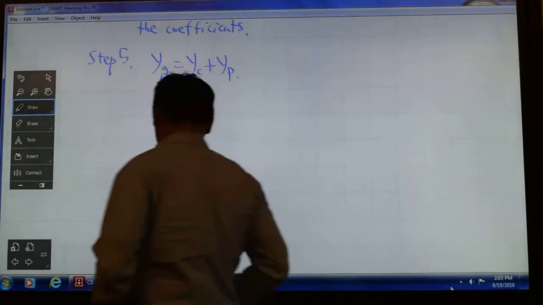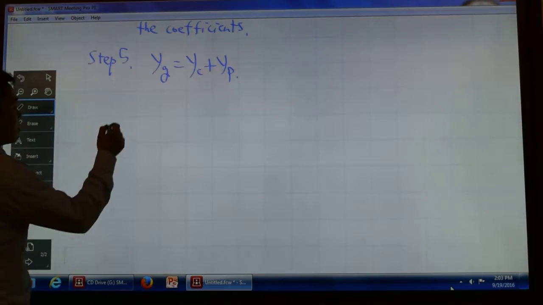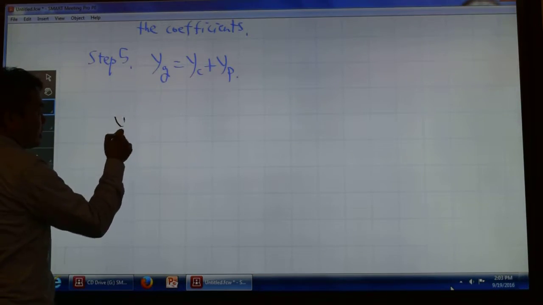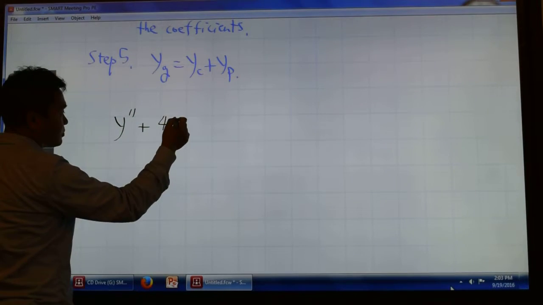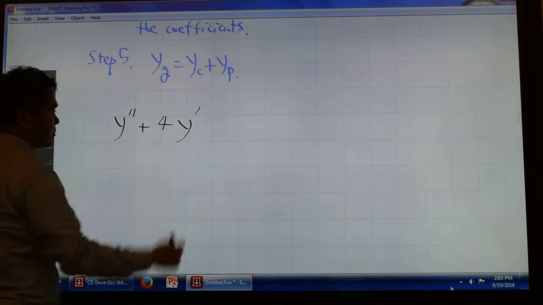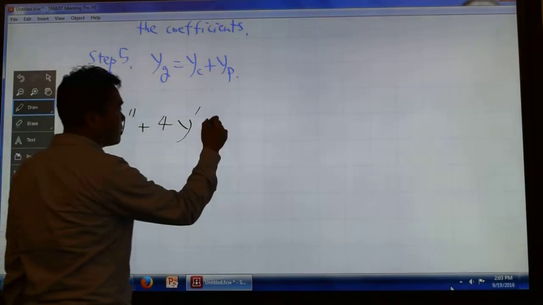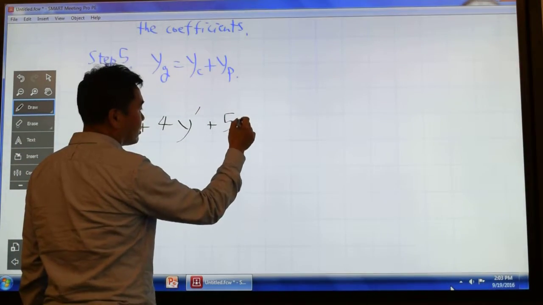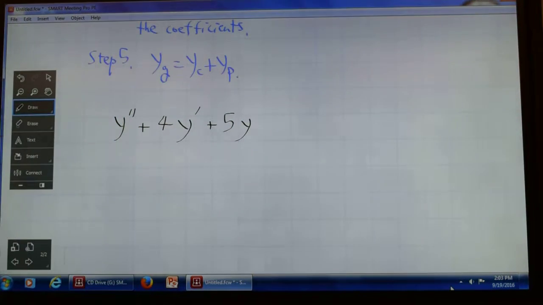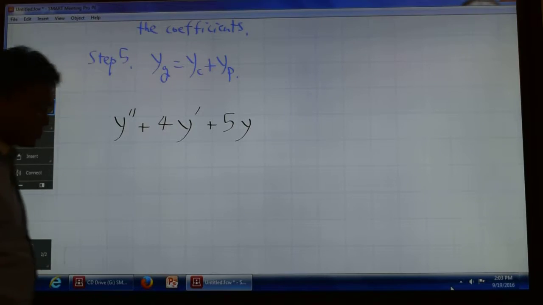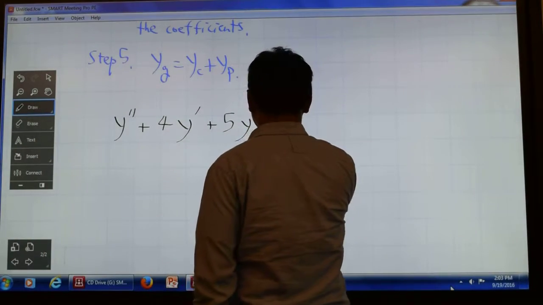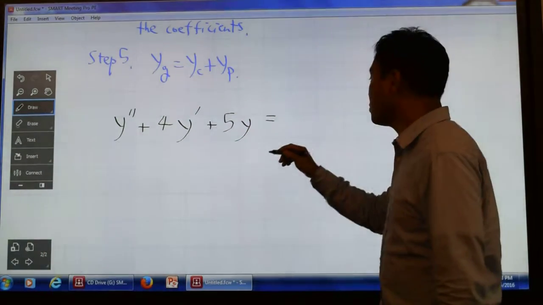Let's try that. Okay, what if we have y double prime plus 4y prime plus 5y equal to, let's just do x squared.